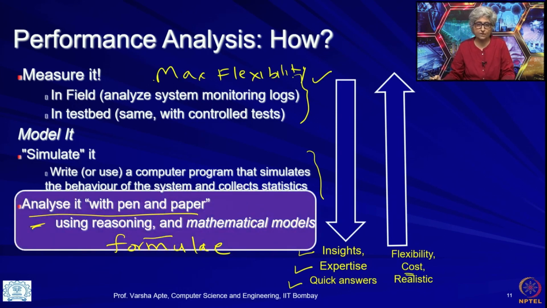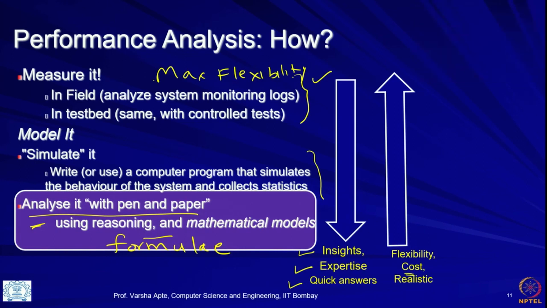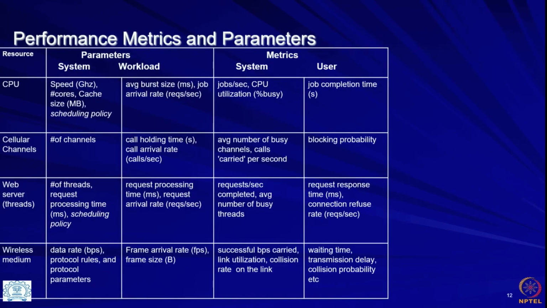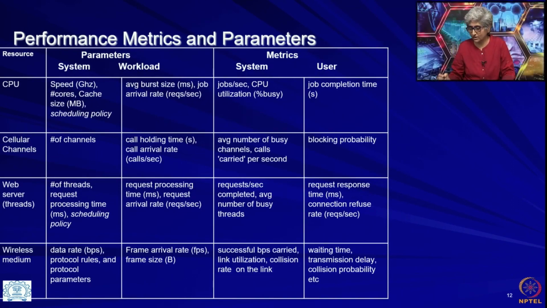Now, in this course, our focus is this last method, which is analysis with pen and paper and mathematics and just reasoning. So, just a last closing couple of thoughts. If I say that I have to use mathematical models to estimate these metrics in terms of these parameters, these are metrics and these are parameters.